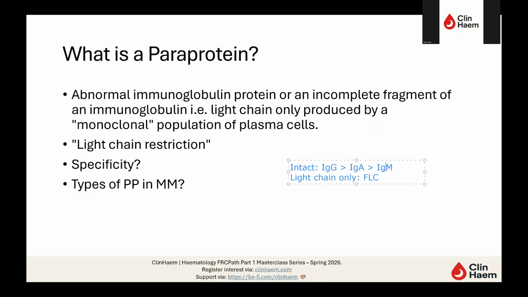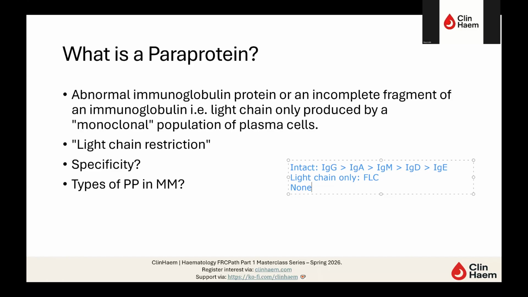Of course, you can have IgD myeloma and IgE myeloma as well, but these last two are rare. The most common myelomas are of the first types. And it can be non-secretory. Definitely, exactly. That is a very good point. That's why this was going to be my next question.